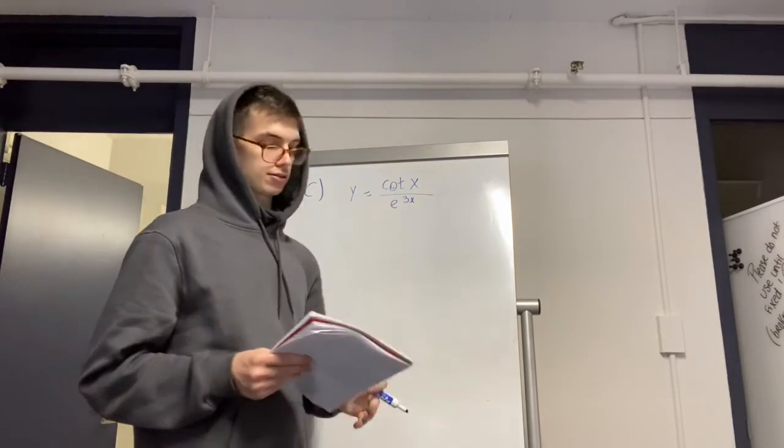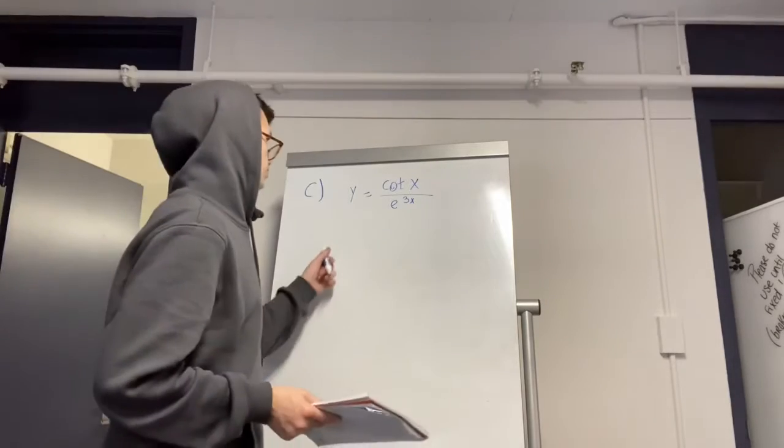For problem 1, part C, we will be finding the derivative of y equals cotangent x over e to the 3x power. For this, we are going to use the quotient rule.